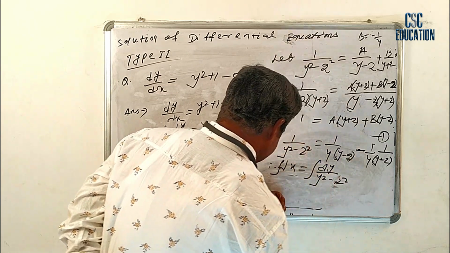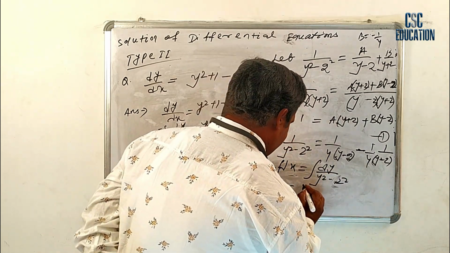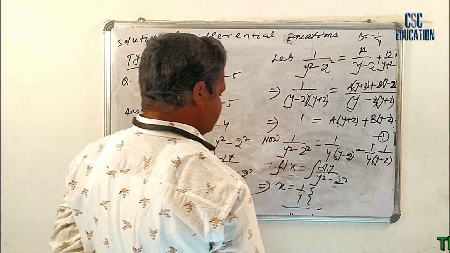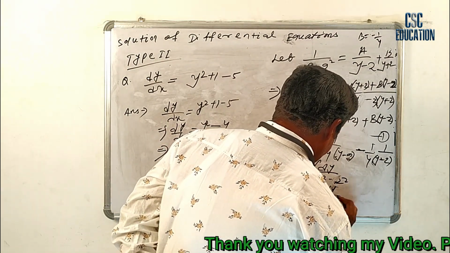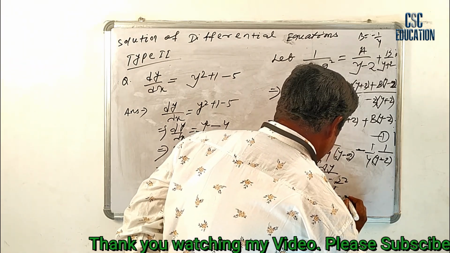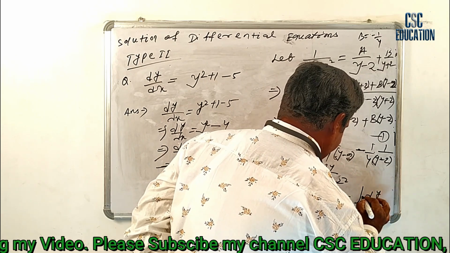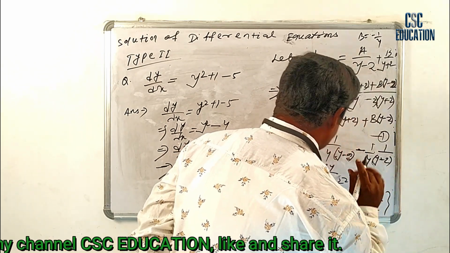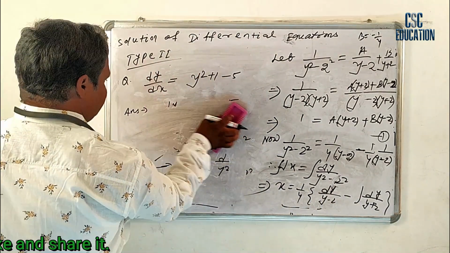This implies x equals 1 by 4, which is a constant factor, times the integral of dy by y minus 2 minus the integral of dy by y plus 2. Okay.